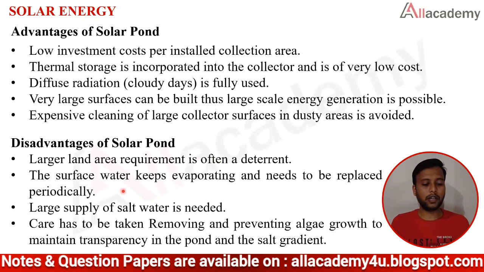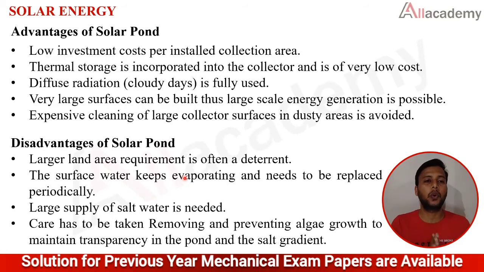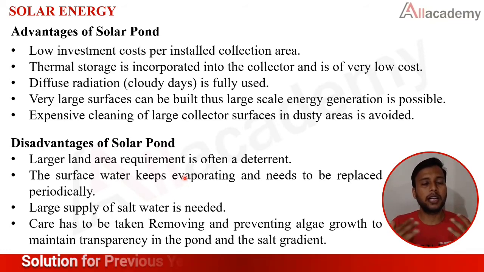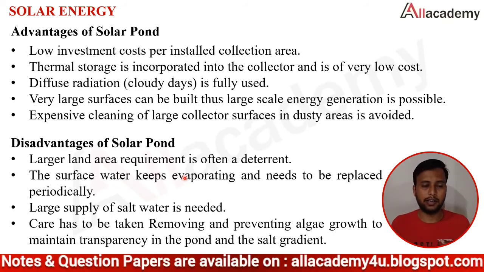The surface water keeps evaporating and needs to be replaced periodically. That is a major problem in this solar pond. Because of the higher temperature, it will be continuously evaporating, and the upper surface should be replaced continuously. That is one major drawback.